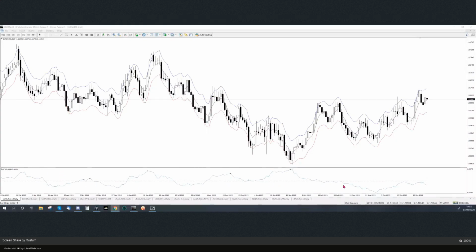And also we have the midpoint of the envelopes here, the 5-period moving average. So those are the tools that we use on the daily chart when we are looking at range trading.